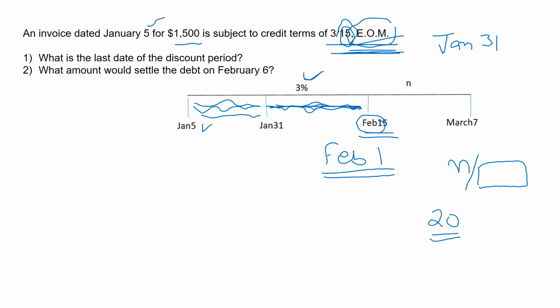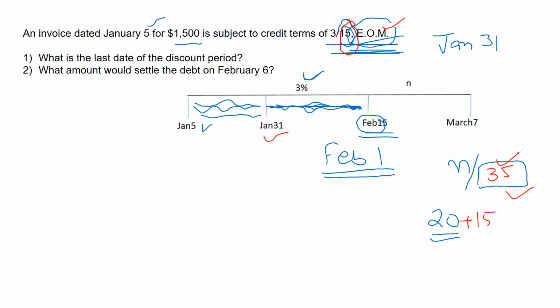The first credit period is 15 days, right? So we'll add 15 here. It becomes 35. So the second term is the obvious term in EOM, net 35, right? So 35 days starting from January 31st, right?